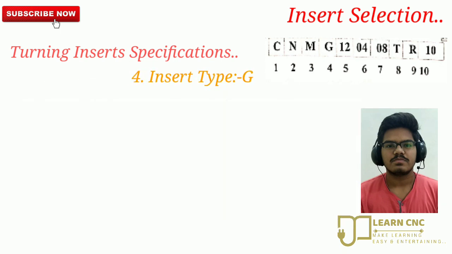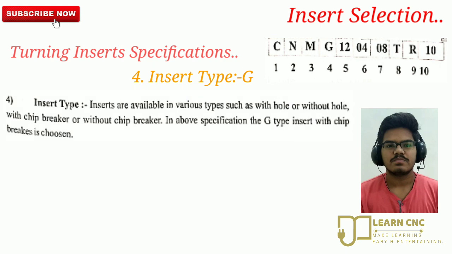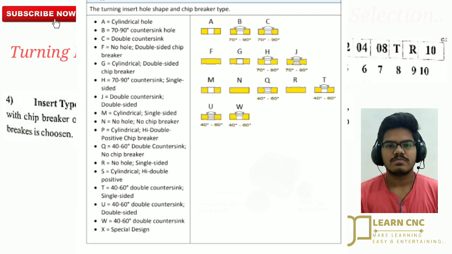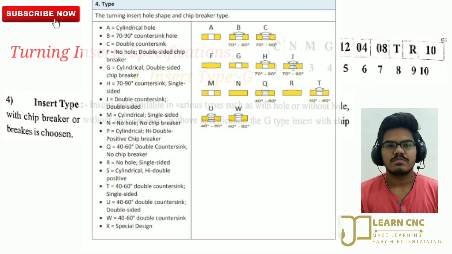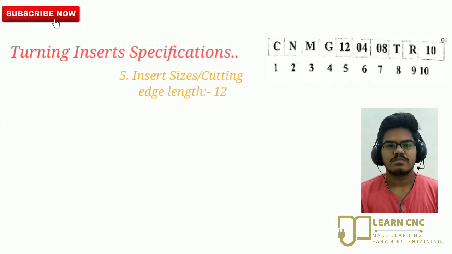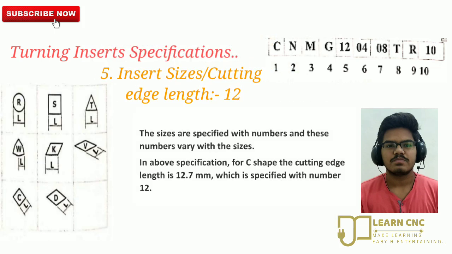Then the fourth one is insert type. Inserts are available in various types such as with hole or without hole, with chip breaker or without chip breaker. In the above specification, a G-type insert with chip breaker is chosen. The fifth one is insert size or cutting edge length.